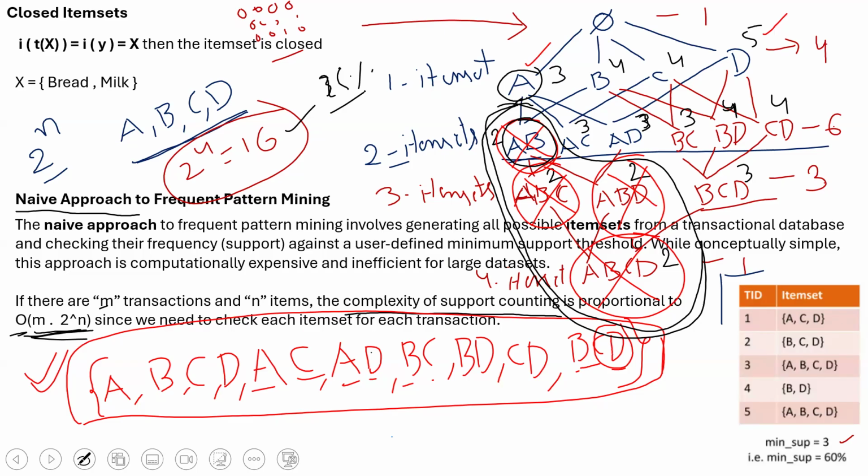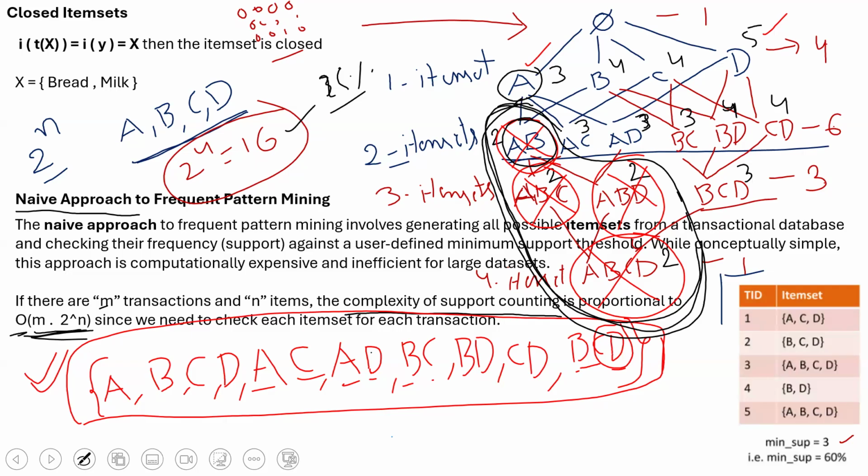What that tries to do is prune the space. That means you shouldn't look at those parts of the search tree that cannot be frequent. So once you know AB is not frequent, just stop going to the next steps, generating the next item sets from that particular item set.